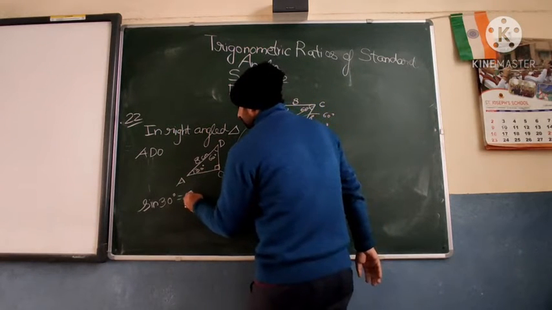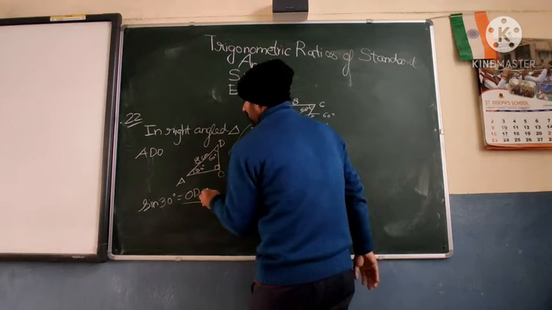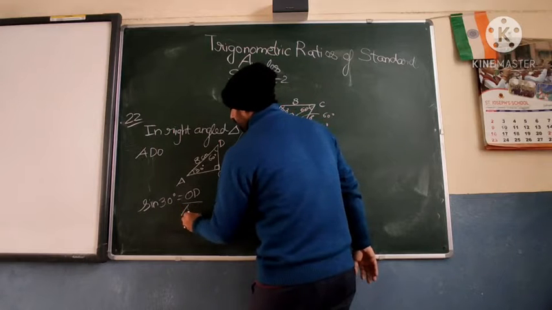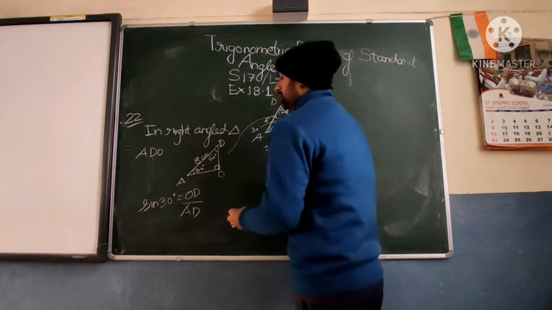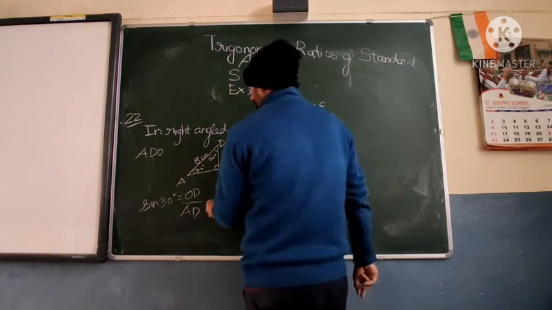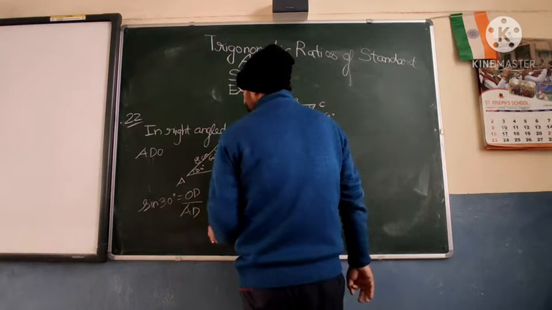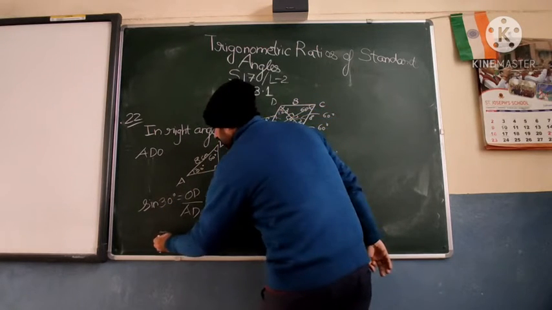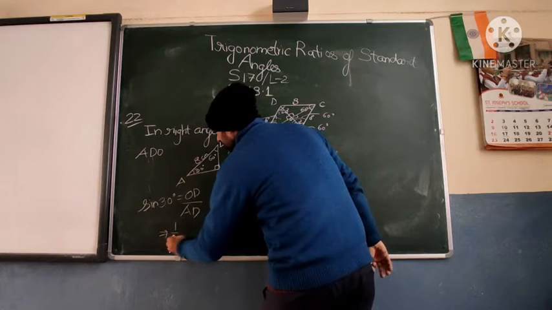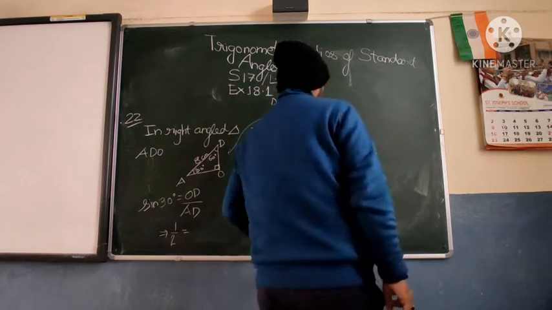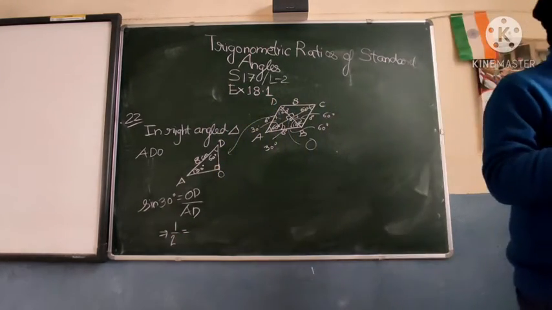Hypotenuse is AD. So what is the value of this? This implies that sin 30 is 1 by 2. Sin 30 is half.